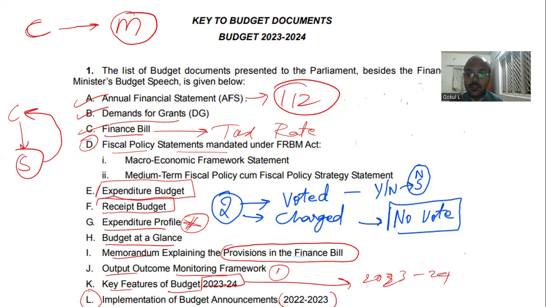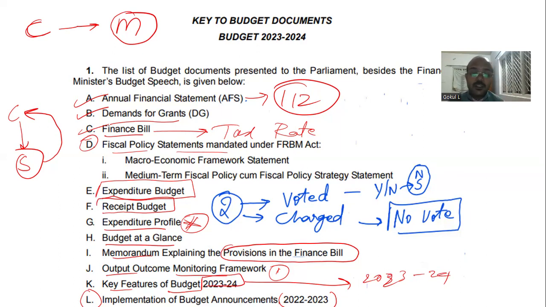In this document, the government has to explain whether it has implemented the previous announcements, whatever promises it had made, whether it has implemented them or not. That explanation has to be given in this document, that is implementation of budget announcements. So I hope you understood the entire A to L. These are the documents that we have with respect to the budget.